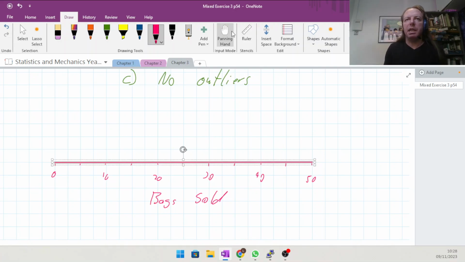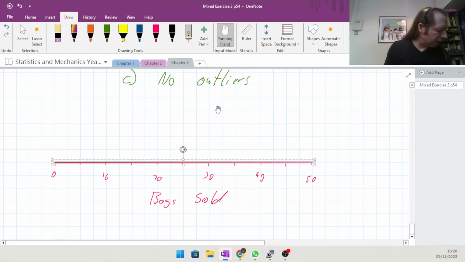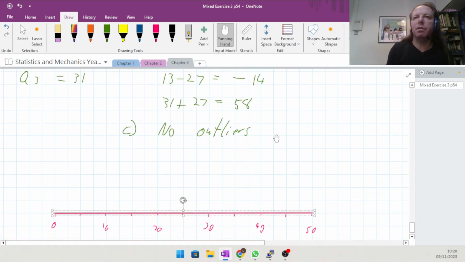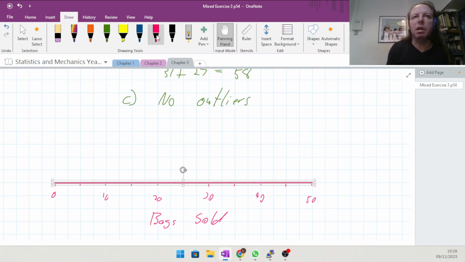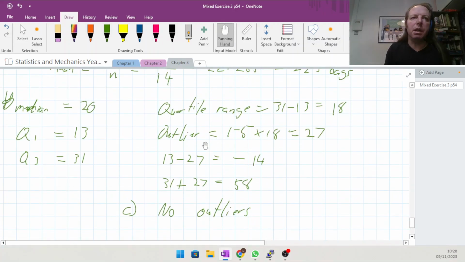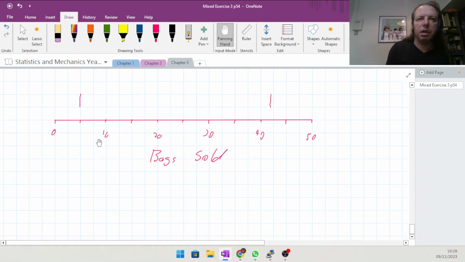Now let's come up here and see what we've got as pieces of information. Biggest and smallest are 5 and 42. So let's have a mark there for 5. And then 42, that'd be 42 and a half, just a little bit back in, there we go. Then my quartiles were 13, 20 and 31.